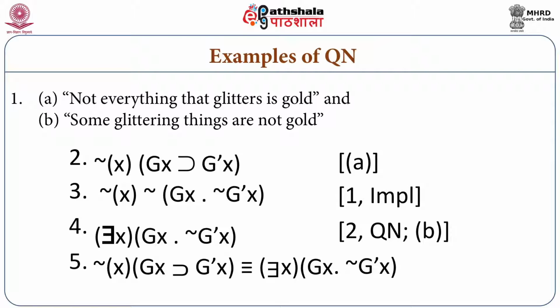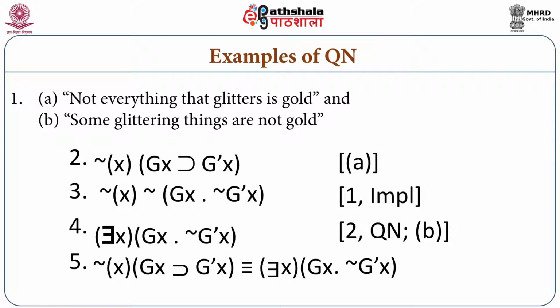Now, we will try to show that from A we can derive the symbolization B. So, step number 2 says it is not the case that for all x, if x glitters, then x is gold. Now, by implication, we can change step number 2 to: it is not the case that for all x, it is not that x is G and Gx is not the case.